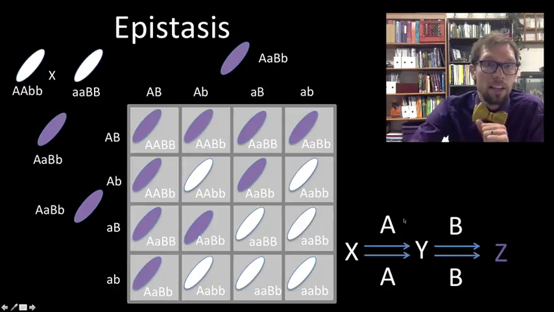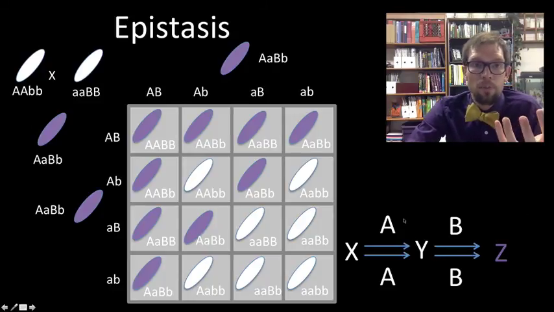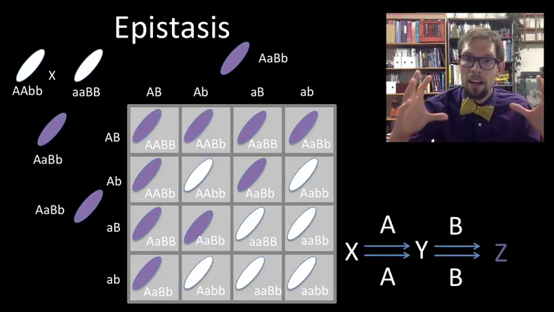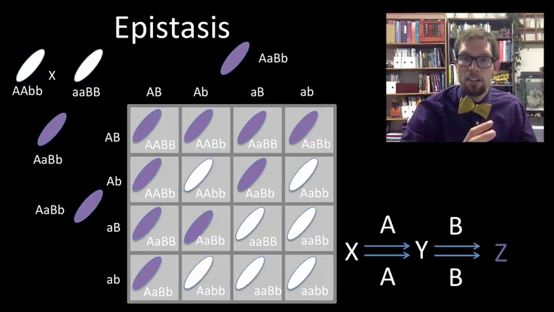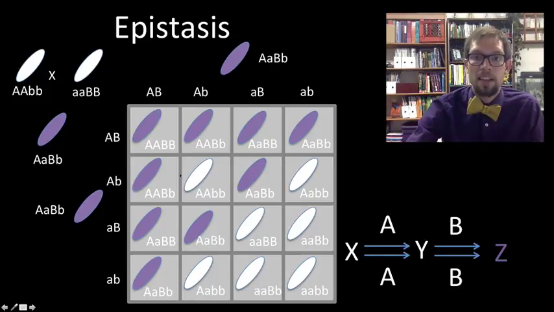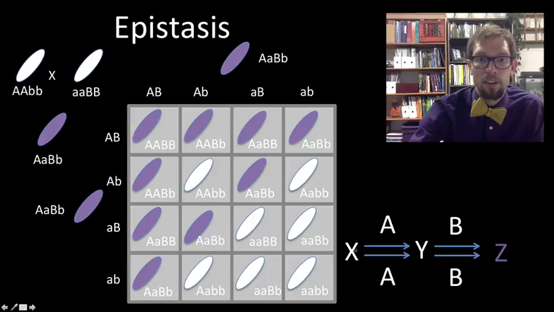If you have the dominant alleles, these are expressing enzymes. So remember, the big concept here is the idea that genes are coding for proteins. Some proteins are enzymes. In this case, these are enzymes that are converting these different products into subsequent products. And the end product here is Z.